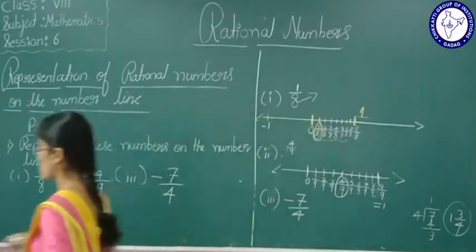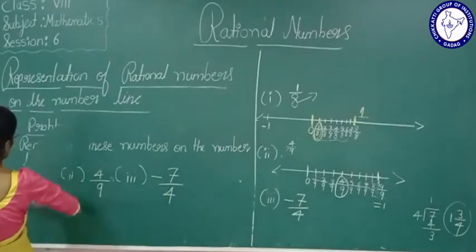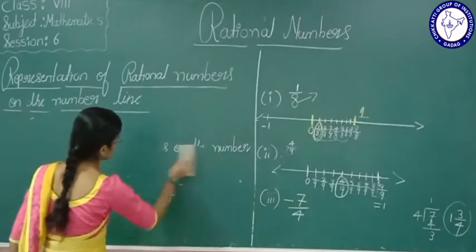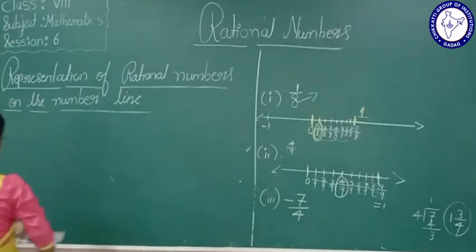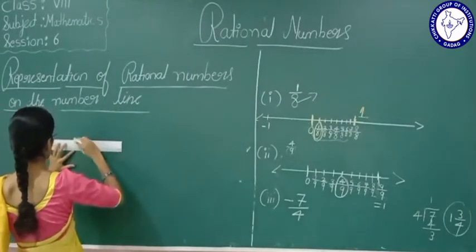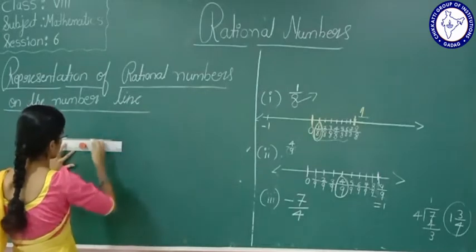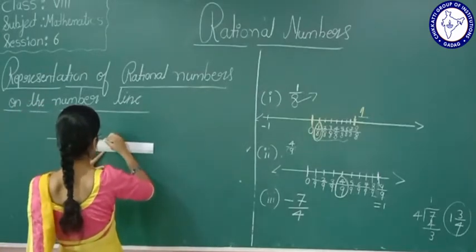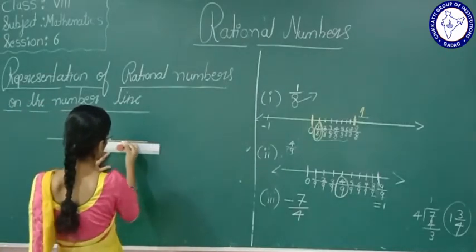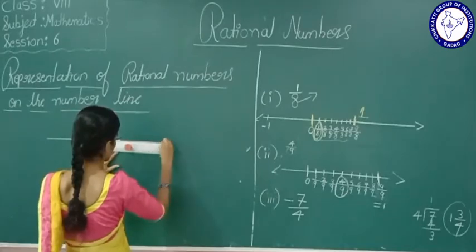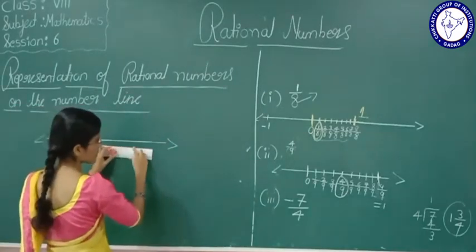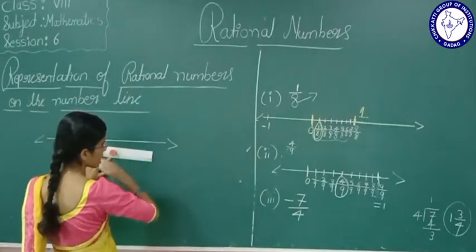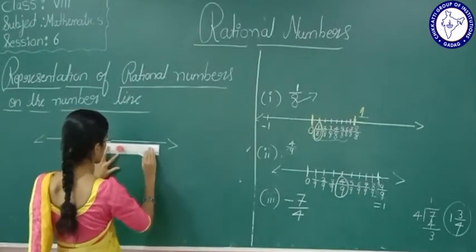We will draw this side. A minus means definitely it will lie on the left side of 0. Yes or no?